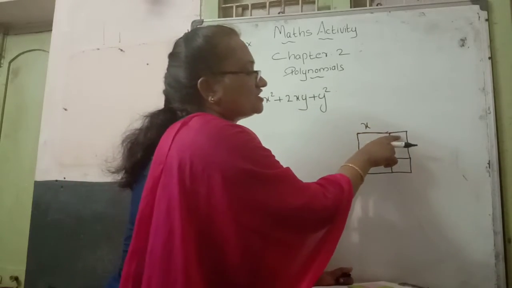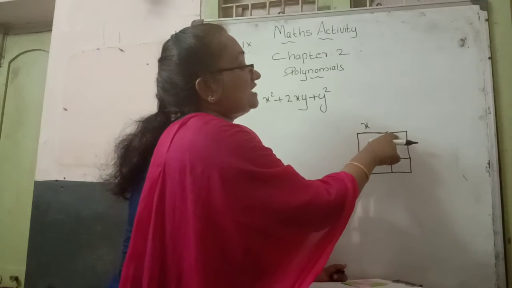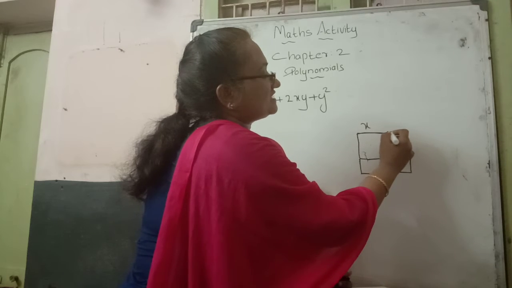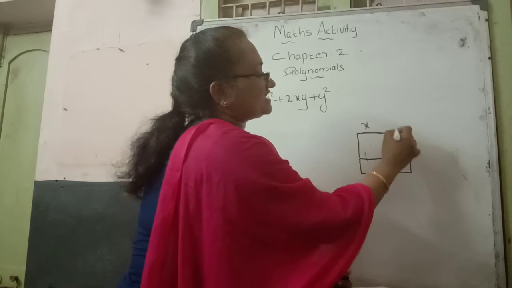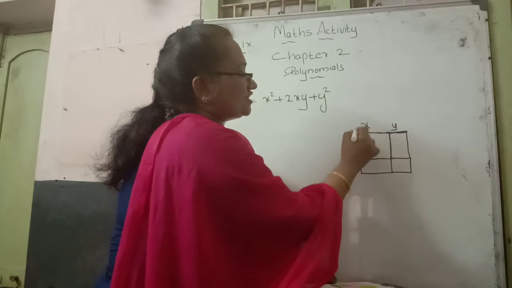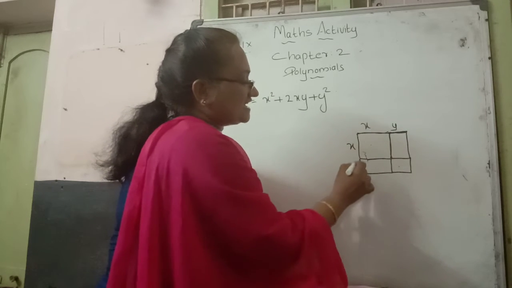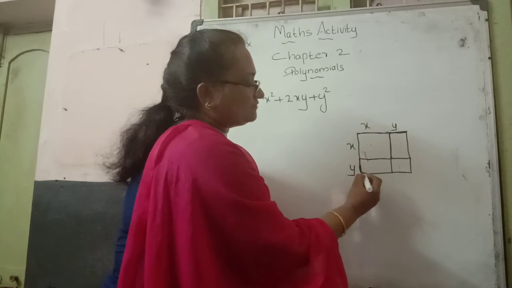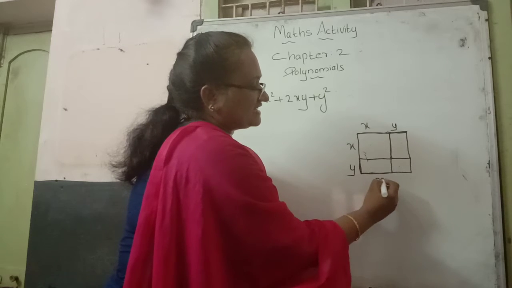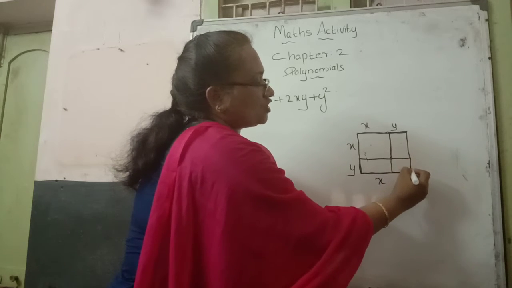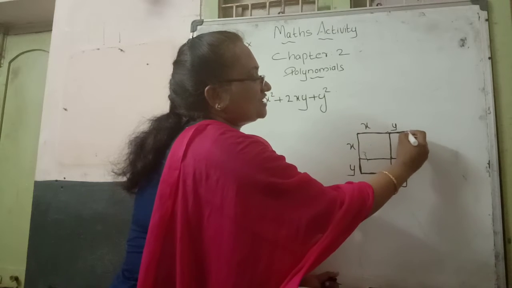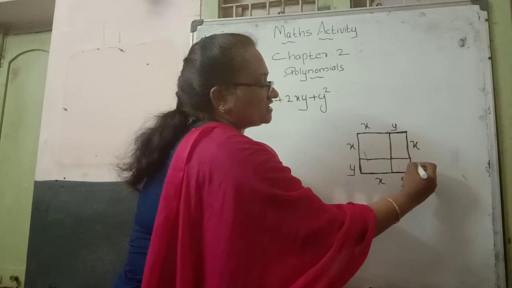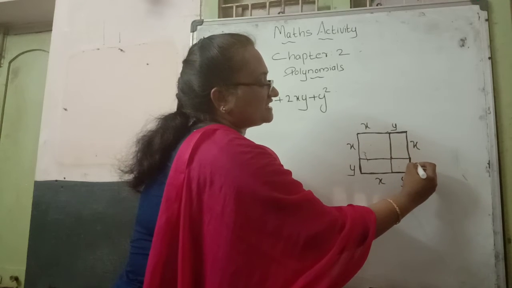The shortest side of the rectangle is the breadth, which we consider as y. Here also the side of the square is x, and this side, the breadth of the rectangle, is y. The longest side is x, and this small square side is y.